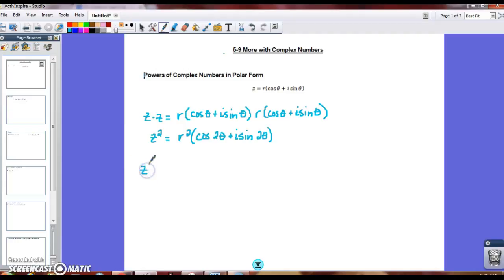If I then take z squared and multiply that by z, I now have r squared times cosine 2 theta plus i sine 2 theta, times r times cosine theta plus i sine theta.